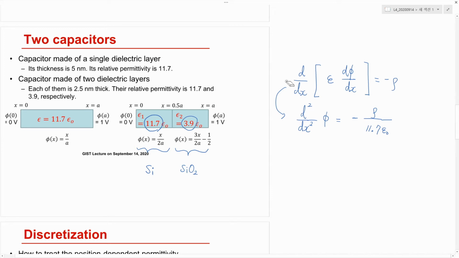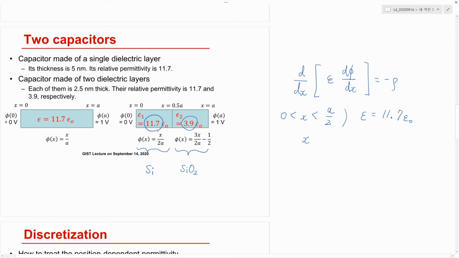If we consider this form again, then we can say when we have the region larger than 0 and smaller than half of a, epsilon can be just 11.7 epsilon naught.